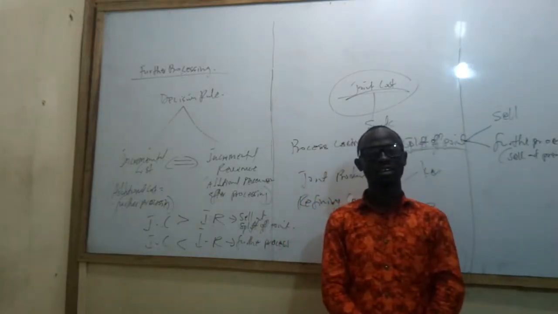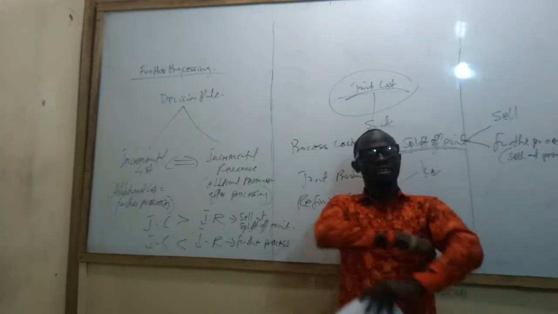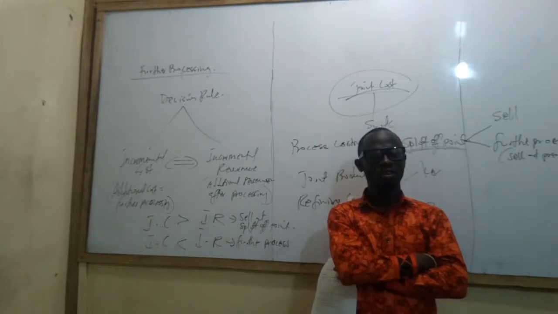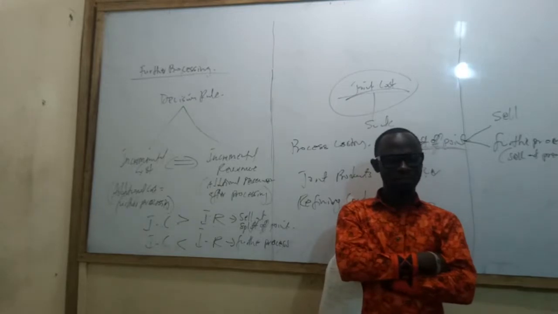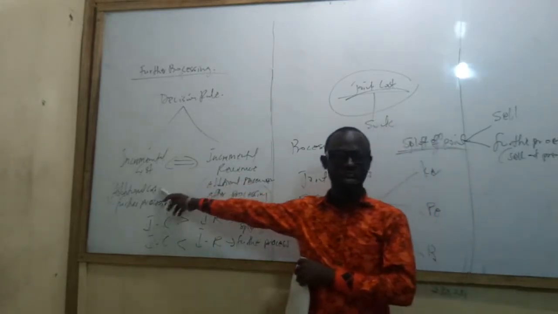Those ratios are multiples above the base price, and these are all world market issues. So you would have to consider whether you go ahead and further process, depending on the demand on the market. And then there is the issue about the incremental revenue and the incremental cost.